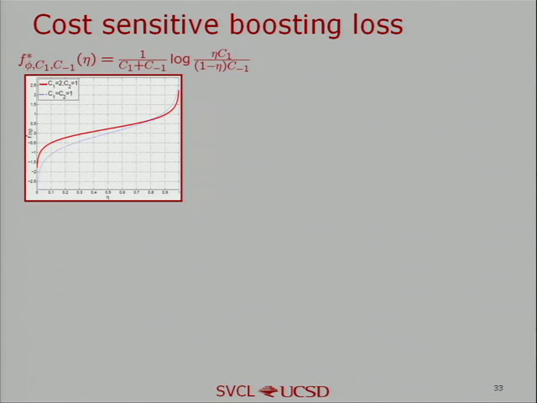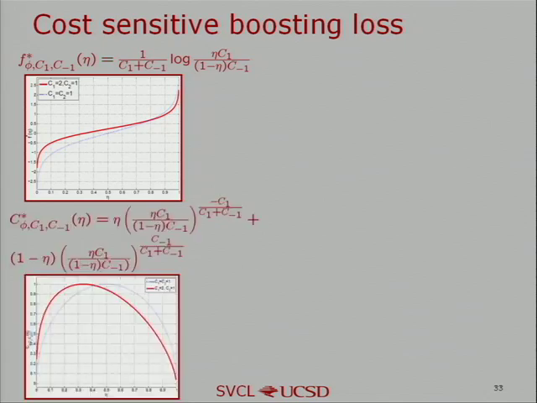It implements the cost-sensitive Bayes decision rule, because now the boundary has shifted from a half to, in this case, 0.3, because C1 was chosen to be 2. So all points that have probabilities higher than 0.3 are now assigned positive values, and all points that have probability less than 0.3 are assigned negative values. So we've shifted the boundary to prefer one class.